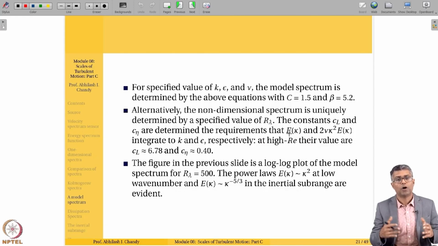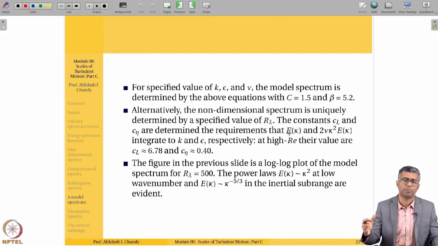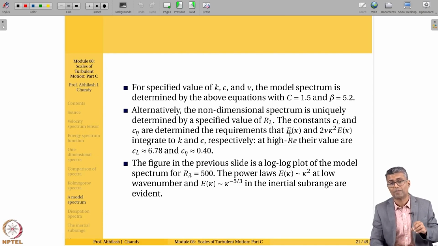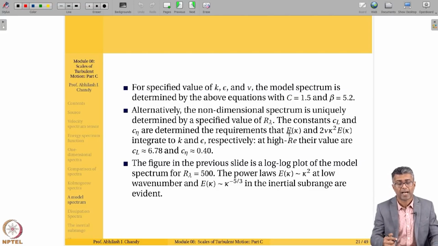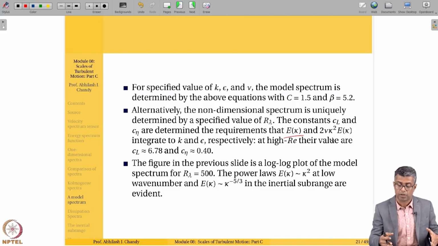Now, overall, how do you specify this? This function depends on three values: the turbulent kinetic energy, the dissipation, and the viscosity. So for specified values of k, epsilon, and nu, the model spectrum is determined by using C equal to 1.5, and if you want to use the simplified function, beta equal to 5.2. Alternatively, you can use the value of R_lambda. The constants C_L and C_eta are determined from the requirements that E of kappa and 2 nu kappa squared E of kappa integrate to k and epsilon respectively.